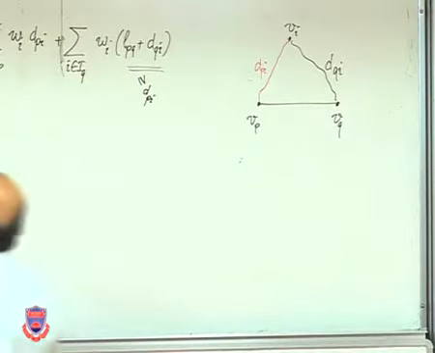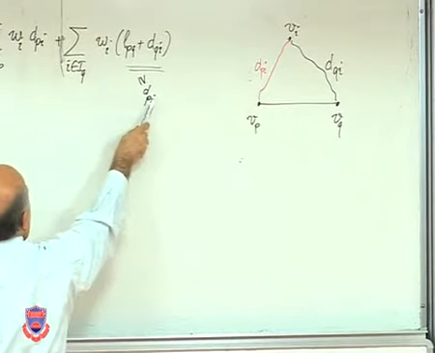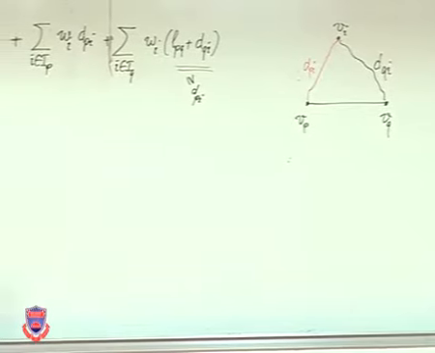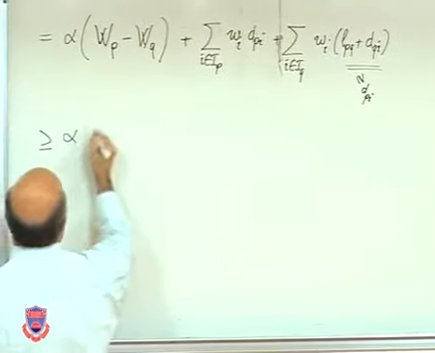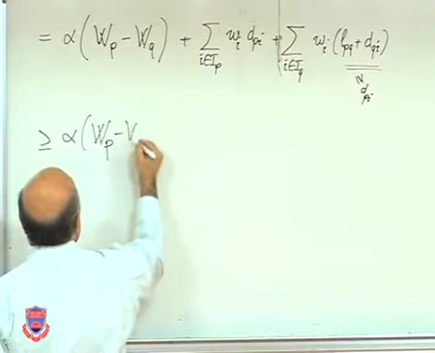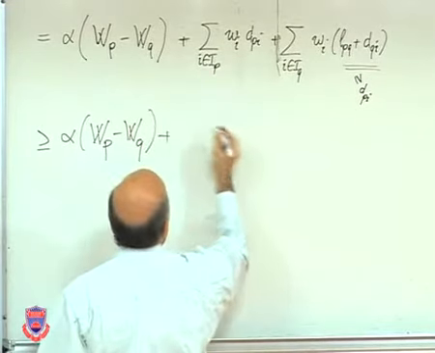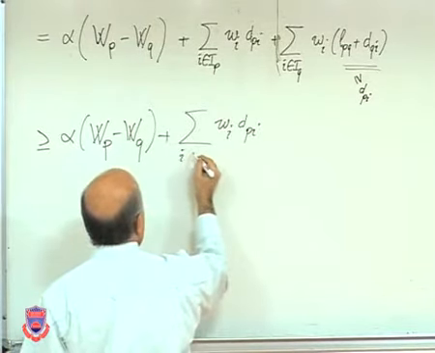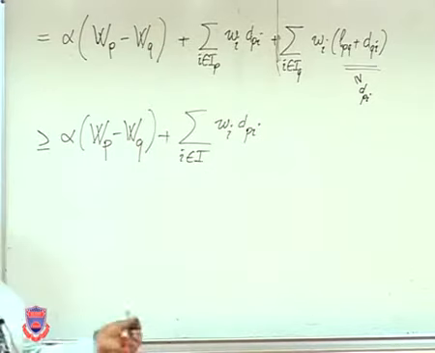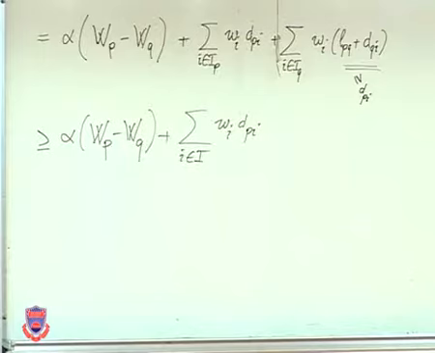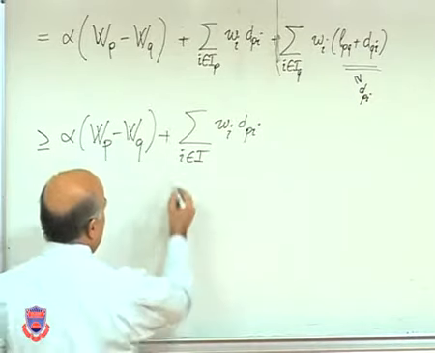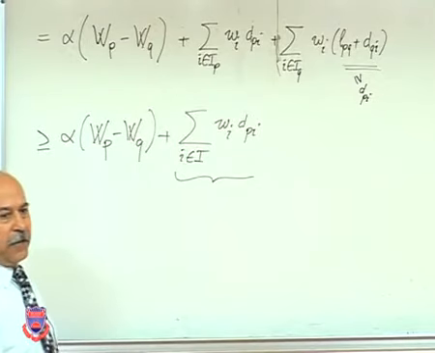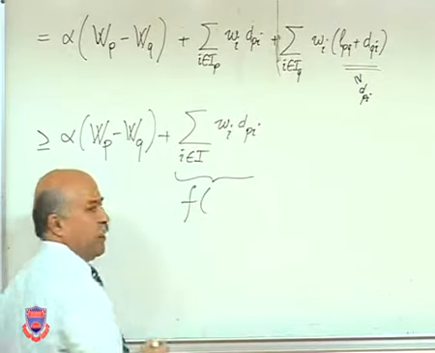Which means that if I replace each term here by dpi, I would get a greater or equal value. So I get Wi dpi for every i, in other words IP and IQ, which means i in the set of all possible indices. And what do I know about this part? This is simply the value of the function f evaluated at VP.